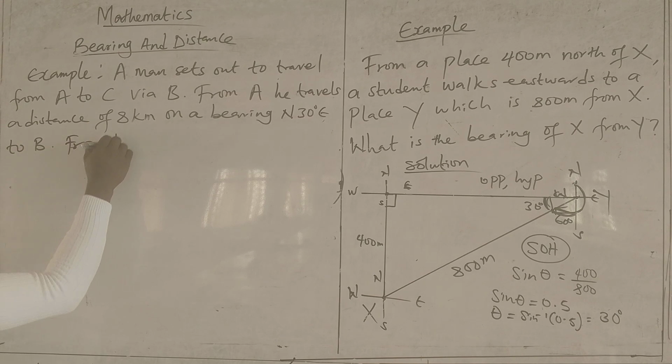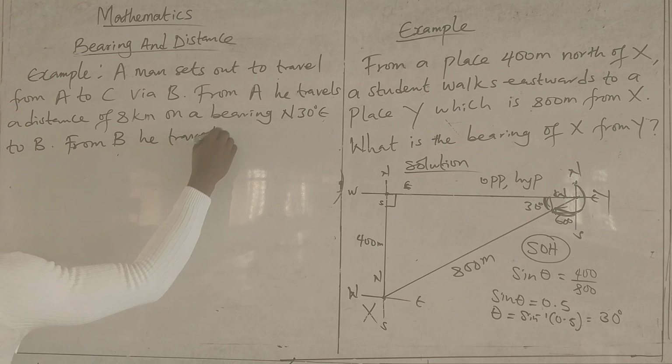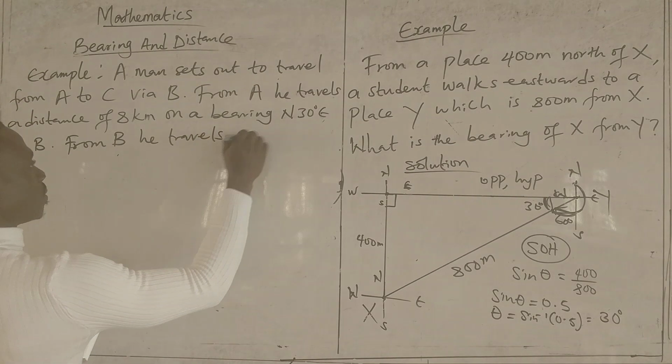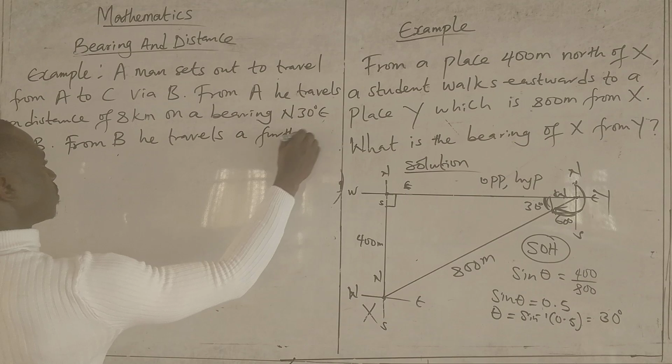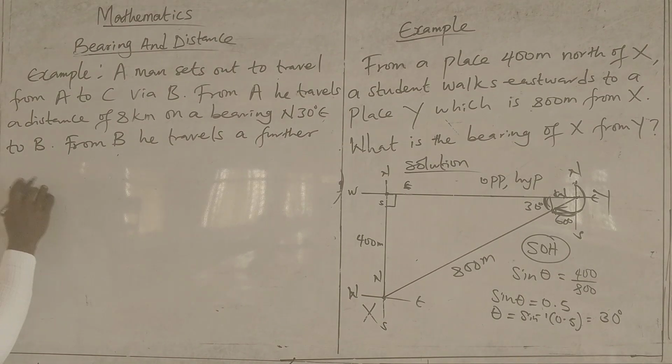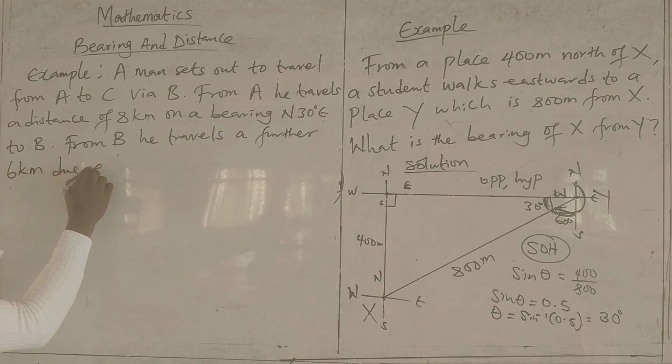From B, he travels a further 6 kilometers due east.